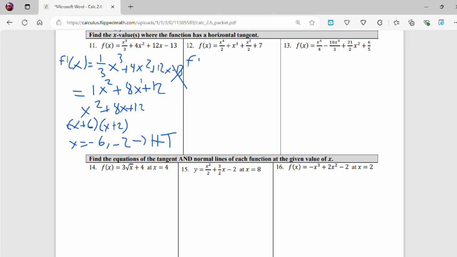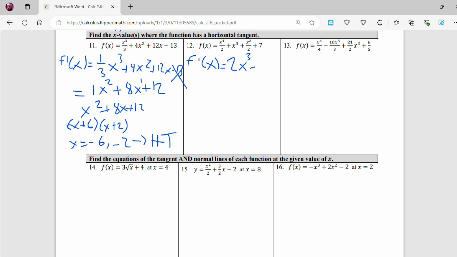Next question. f prime of x. We have the sum rule, so we're going to take each individual term's derivative. x to the fourth over 2, remember, that's just like saying 1/2 times x to the fourth. 4 comes down, power rule. So 1/2, the constant, times 4 gives you 2. 4 minus 1 is 3.